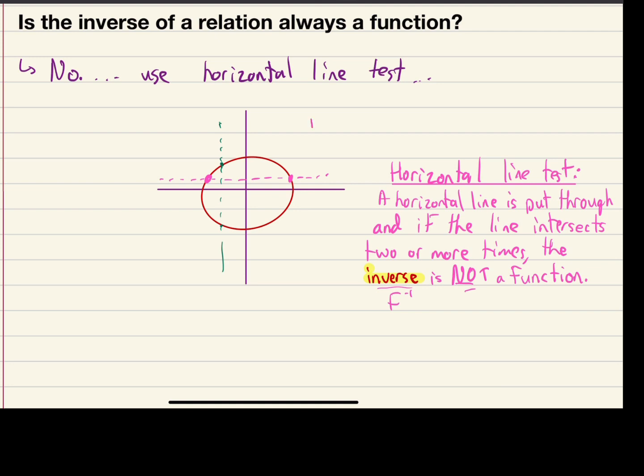So in this case, f to the negative 1 would not be a function because it intersects twice, and that's enough to make it not a function.